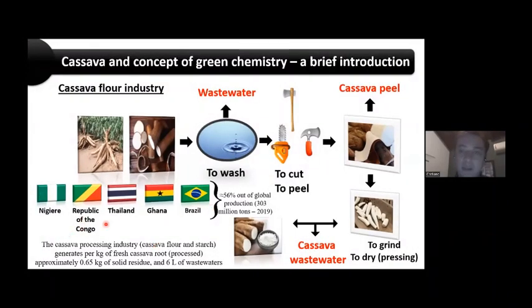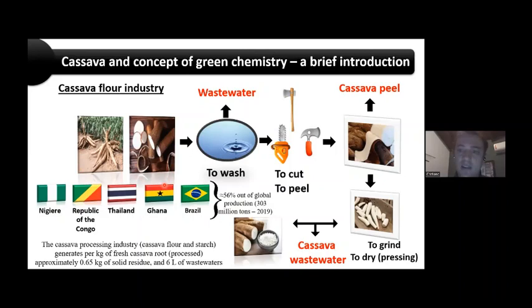So when you think about cassava production, when you sum up Nigeria, the Republic of the Congo, Thailand, Ghana, and Brazil, together they represent more than half of the global production. And I keep wondering why India and China don't take part in that, because they have a really huge population.